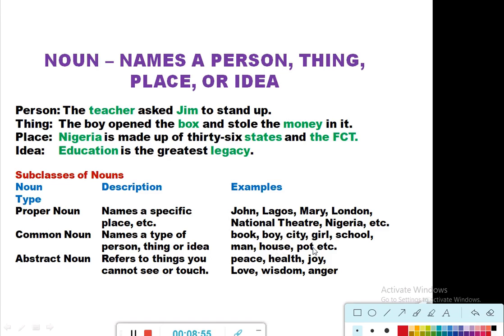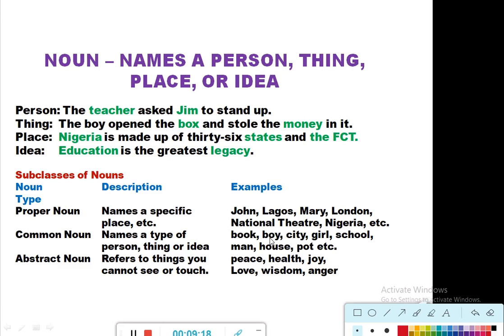So when you have a particular type of thing, then you use a name that is common to all the things that belong to that class or that type. So we can say that there is a class of human beings we can call boys.